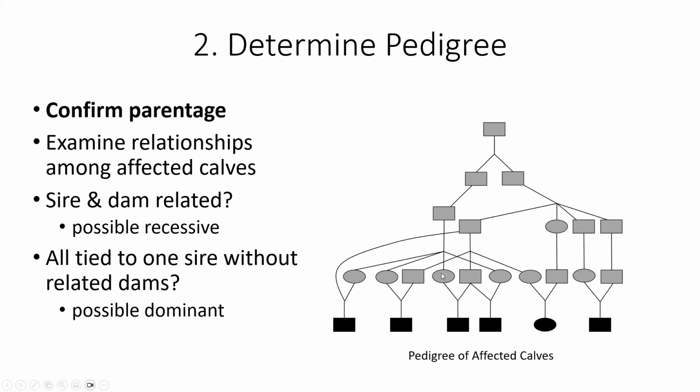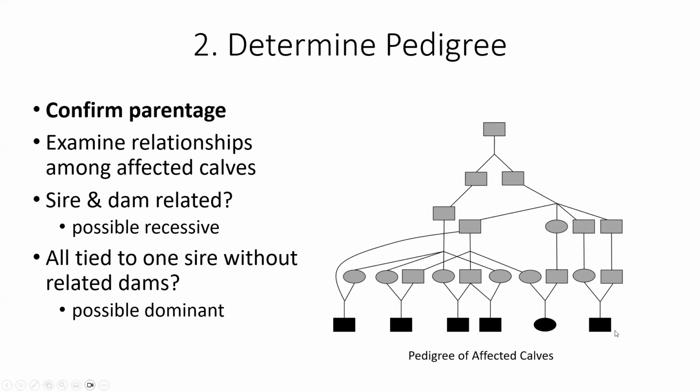And so in this picture here, these are the first 6 reported calves. And you can see that these are all their parents, and all their parents within 3 or 4 generations go back to the same bull. So in that case, we were thinking this is probably a recessive mutation that all these calves were homozygous for that led to this condition.